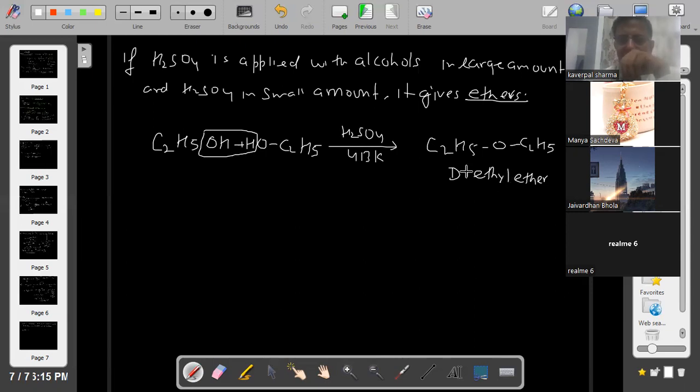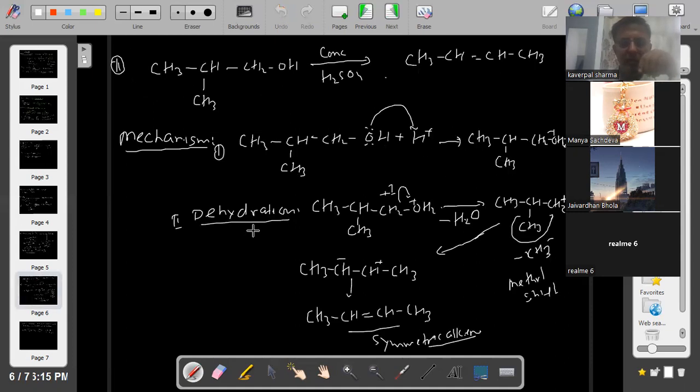So this is the SN2 kind of reaction. As the earlier reaction was SN1, if someone asks you about elimination, that reaction is SN1 kind of reaction, because in these reactions carbocation formation takes place and you will get the desired compound.